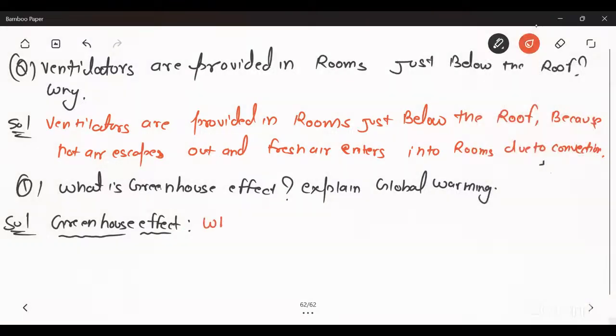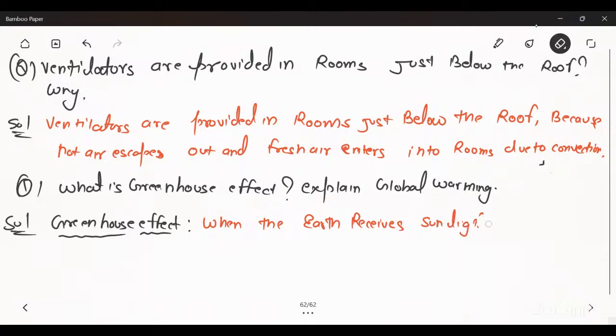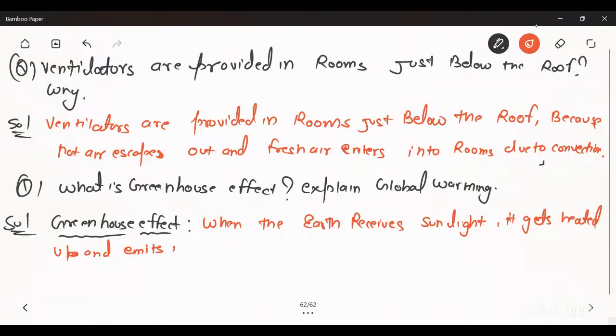Greenhouse effect is when the earth receives sunlight, it gets heated up and emits infrared radiation into the air.